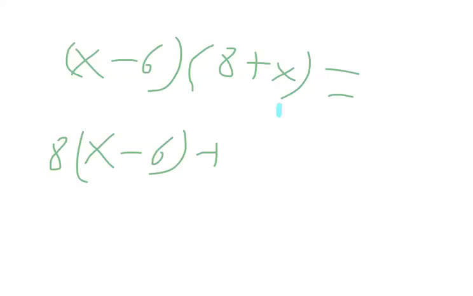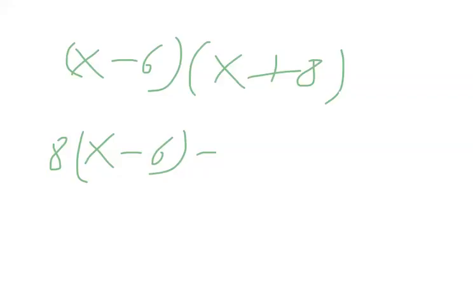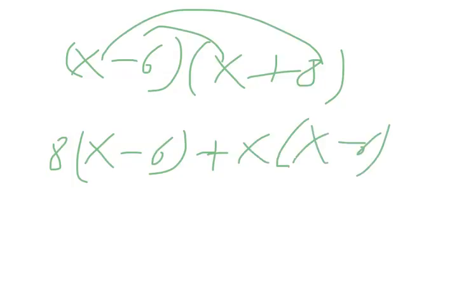Let me fix the written expression, because the parentheses are going to make a difference. x minus 6 times x plus 8. And you do 8 times x minus 6, and then plus x times x minus 6. So in that sense, you're basically distributing.